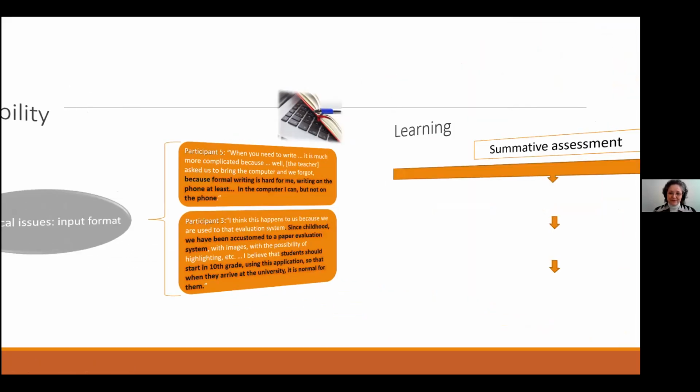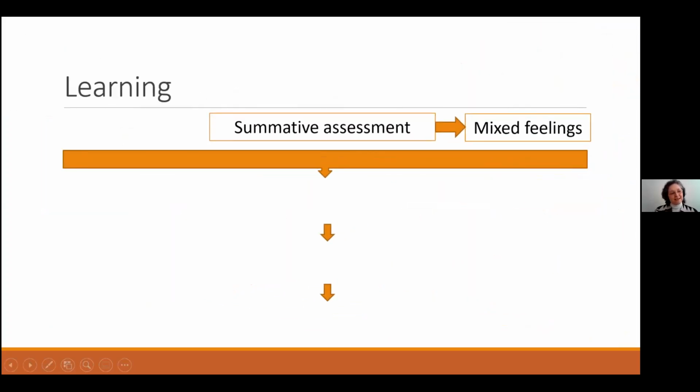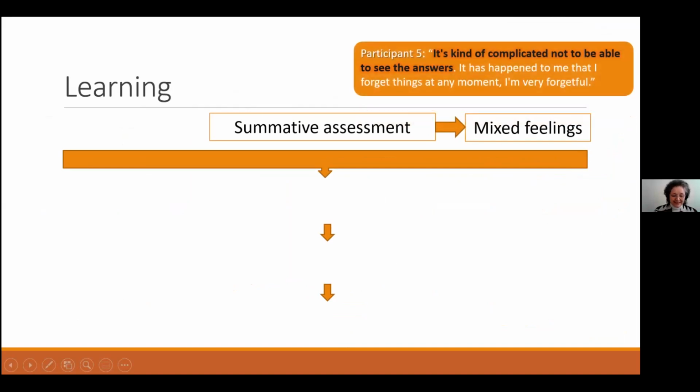So Socrative is a technological tool that is not difficult to use, but students may struggle with it, and it forces them in a way to rethink the way they complete quizzes and tasks. So in terms of learning, students had mixed feelings.